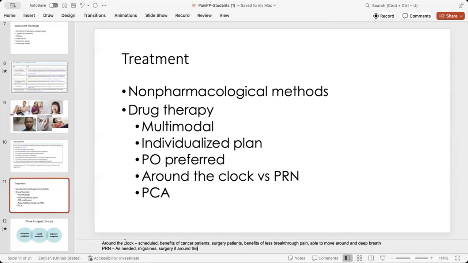That's good. What else do you have PRN medication for? Sometimes maybe we'll give a little extra before they go for a walk, or if they need to go to therapy.